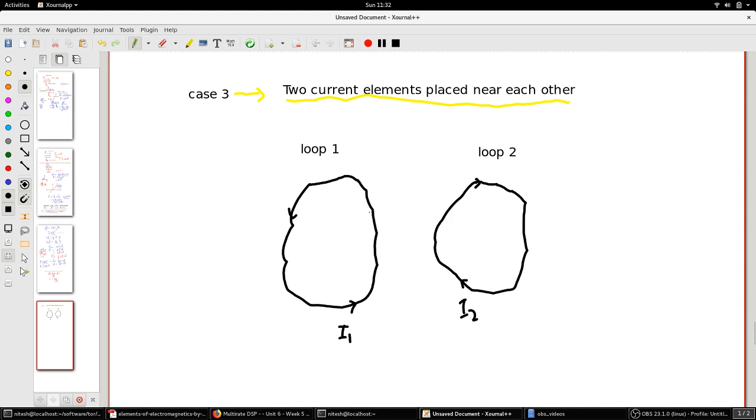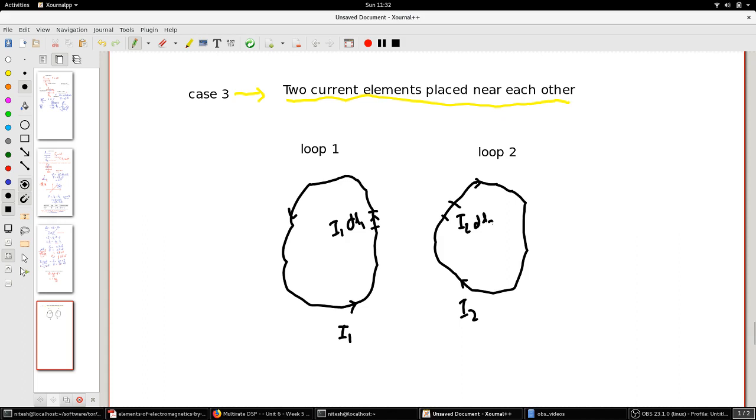So there is a current loop, and there is a small current element here. Let's assume a very small current element of length dl1. So what you will have is I1 dl1 is this current element. In the same way, there is a small current element here. Assume that it is I2 dl2.